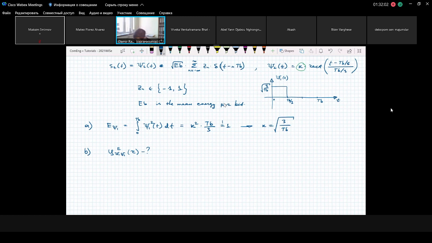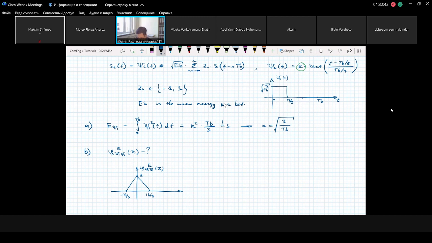And we already know what the autocorrelation function is if we have only one pulse. It will be a triangular function. So this autocorrelation function is just a triangular shaped function that goes from minus T_b over 3 to T_b over 3. And it has amplitude 1, because this is a normalized basis function and the energy for it equals 1.